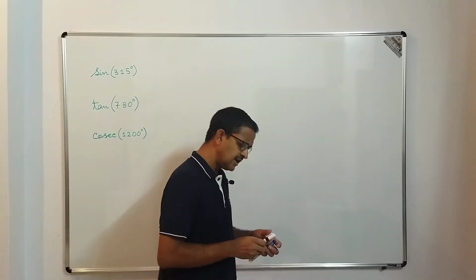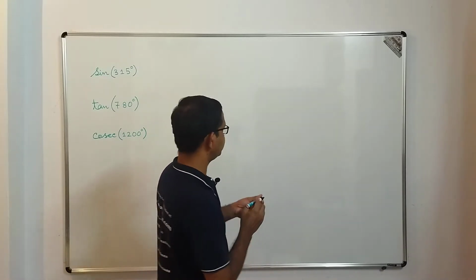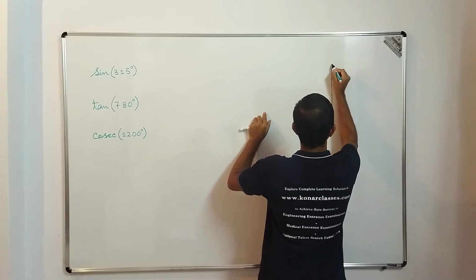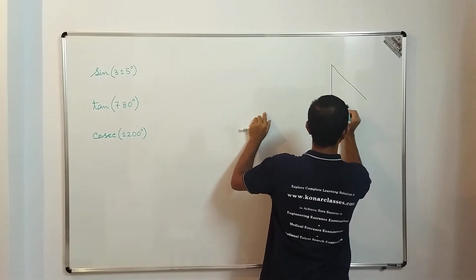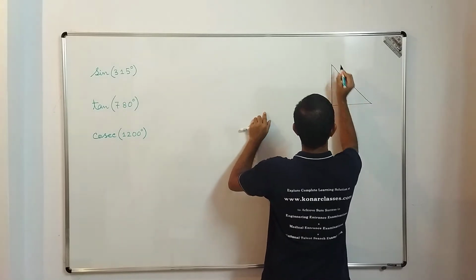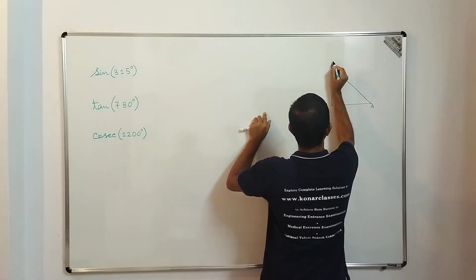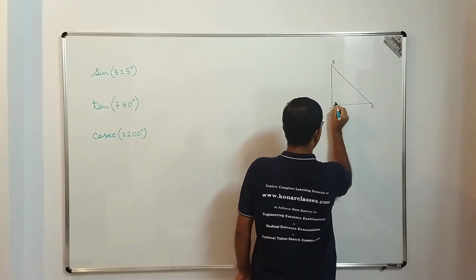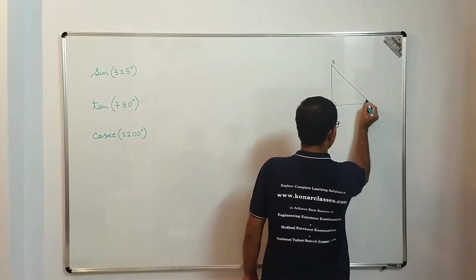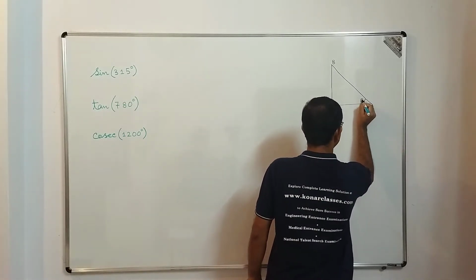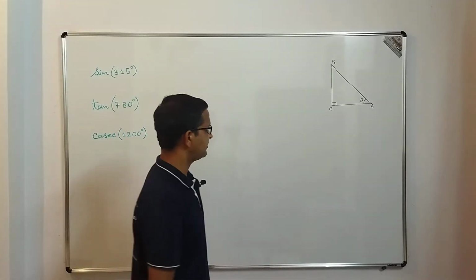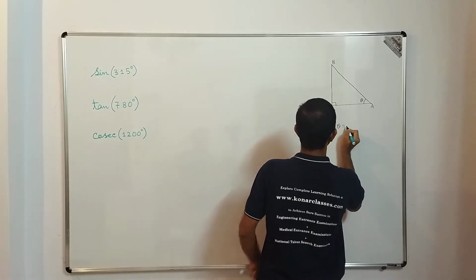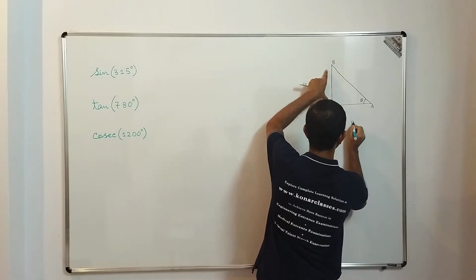Okay. Now let us go back to our basics, what we have learned earlier. If you have a right angle triangle, suppose this is a right angle triangle ABC. Now in this right angle triangle, angle C is the right angle, and suppose this angle is theta. What is the value of sine theta? The value of sine theta is equal to BC by AB.